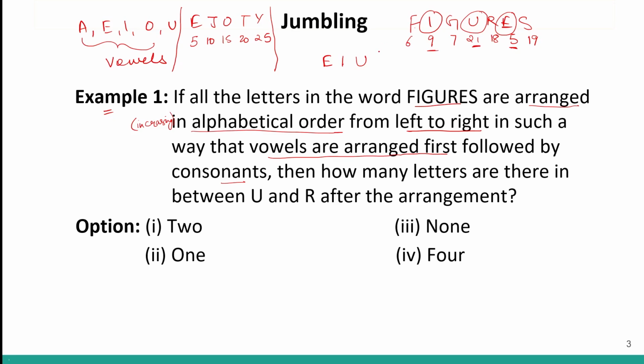So if I arrange consonants, it will be F, G, R, and then S. So first I arranged the vowels in alphabetical order, then I arranged the consonants in alphabetical order. This was asked in the question. Now, after arrangement, this is the word that I got.